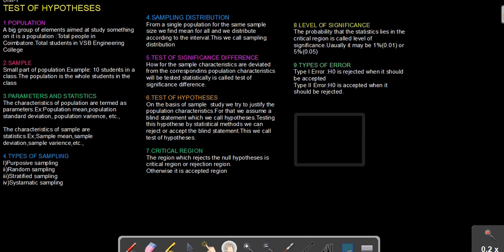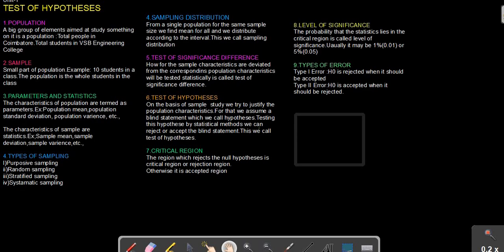Now next is level of significance. Usually the level of significance may be 0.01, that is 1% level of significance, or 0.05, that is 5% level of significance. The significance exists, but it is only 5%. 1% level of significance means significance exists only at the 1% level.